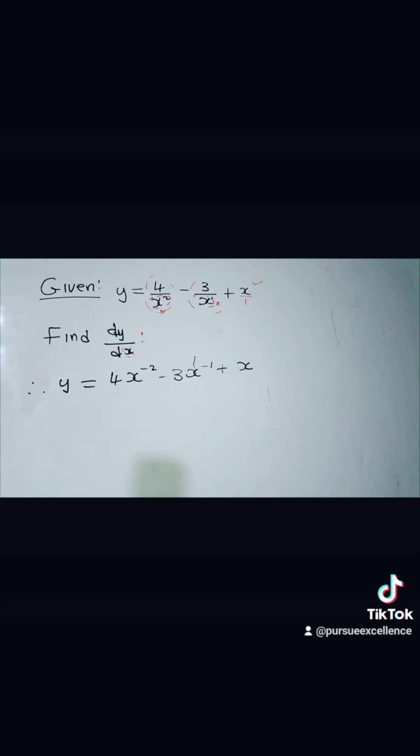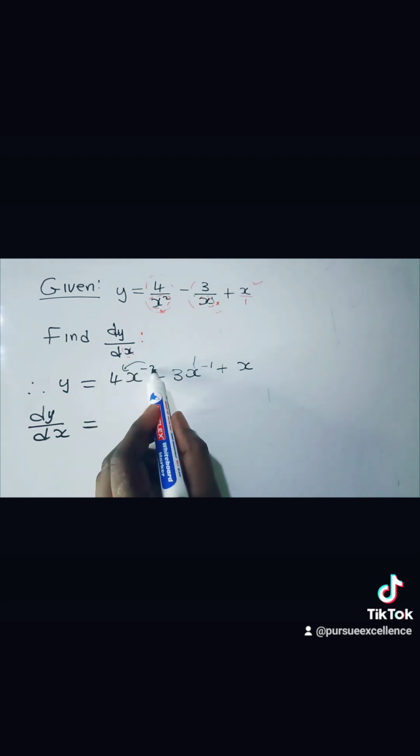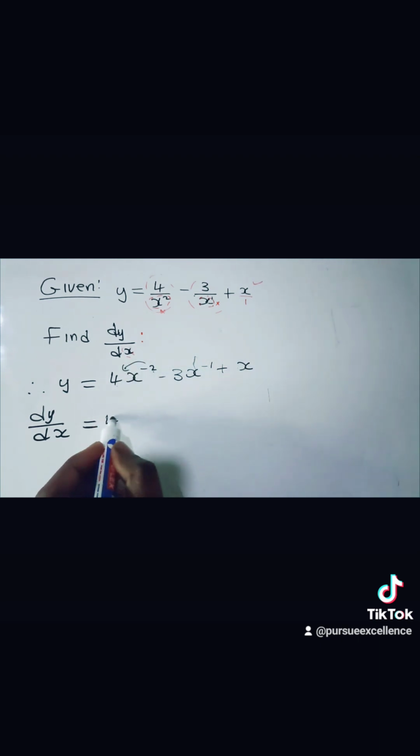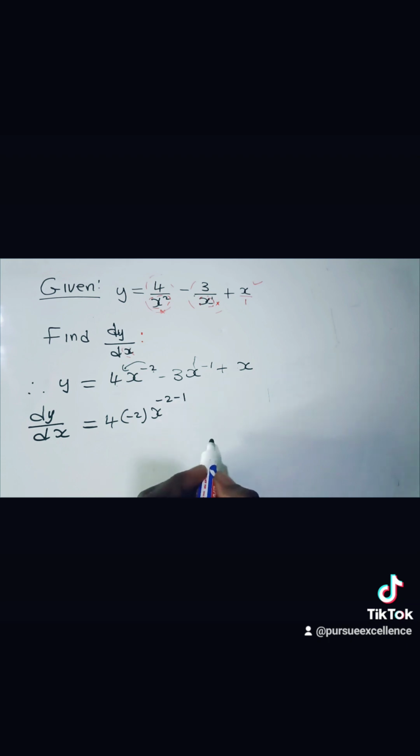Now I'm going to apply the notation dy over dx. I'm starting to differentiate here. We have to multiply this negative 2 by 4, so it's going to be 4 into negative 2 x, with the same exponent, and you have to deduct 1 from it.